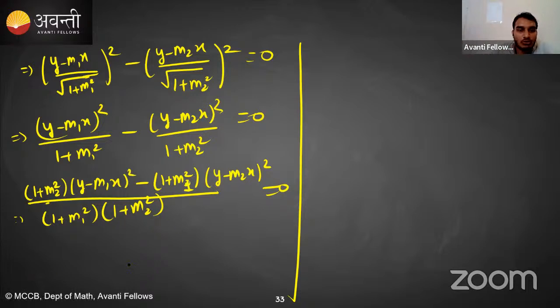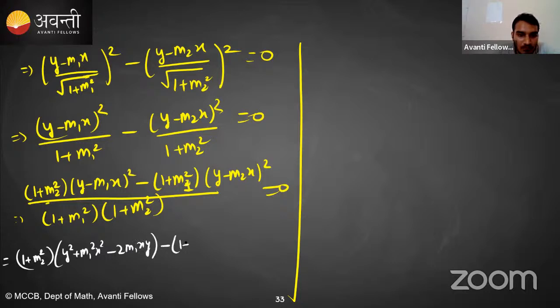Yes or no? Expand this a little more, students. So this is nothing but (1 + m2²) into (A minus B) whole square, which is A square plus B square minus 2AB, minus (1 + m1²) into A minus B whole square, A square plus B square minus 2AB, is equal to 0.